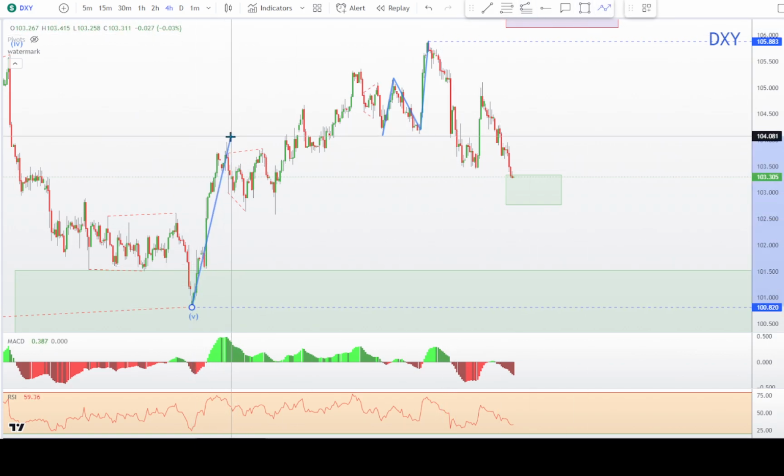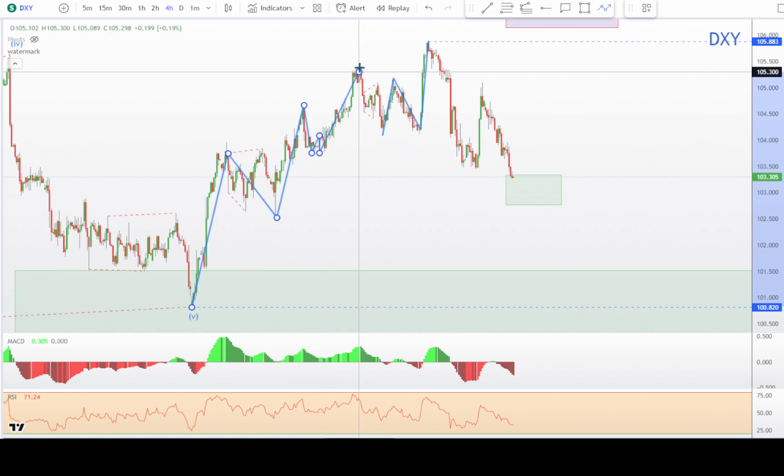So you've got 1, 2, 3, and then there was a little 3-wave move here, 1, 2, 3 down. And then 3 up to there, and then 3 down to there, and then 3 up. And so that would be your leading diagonal.